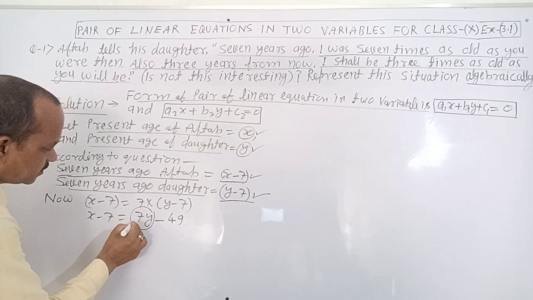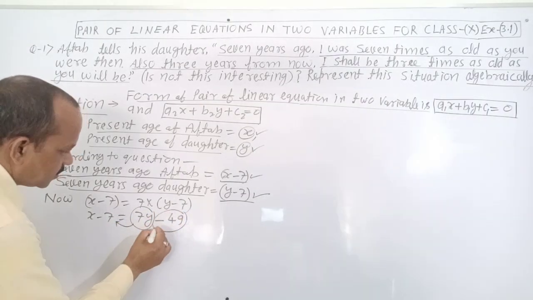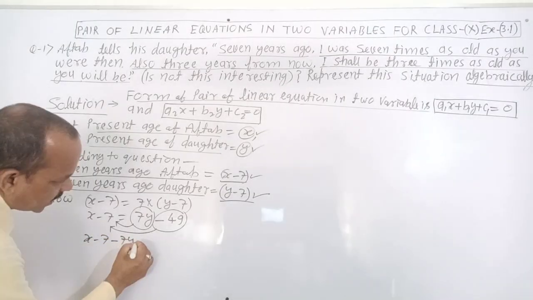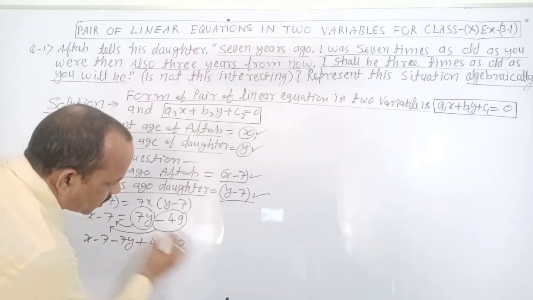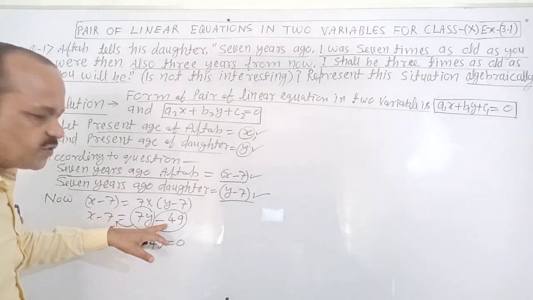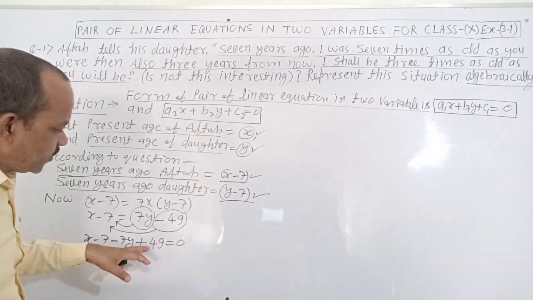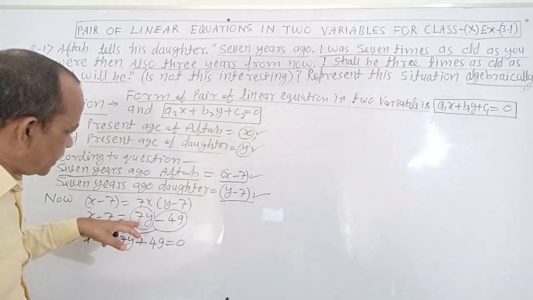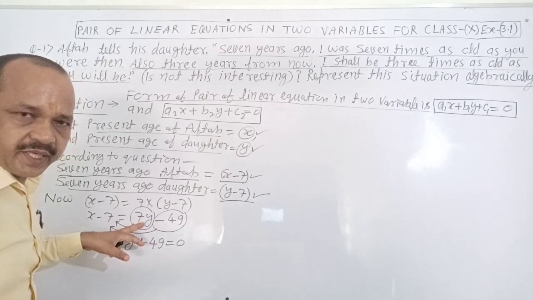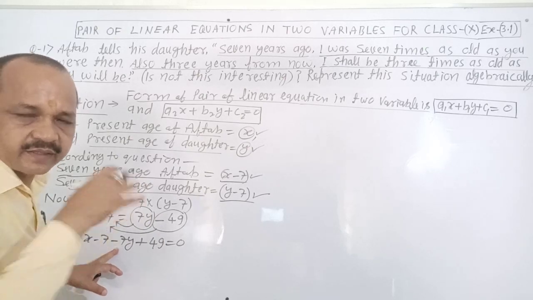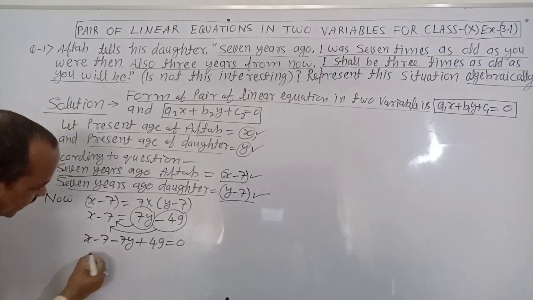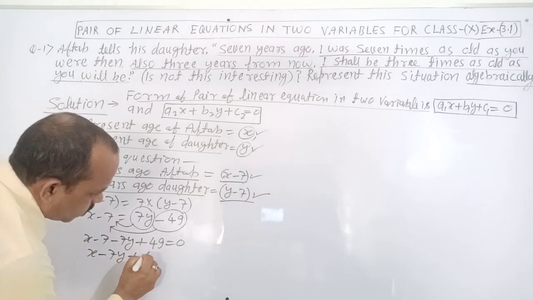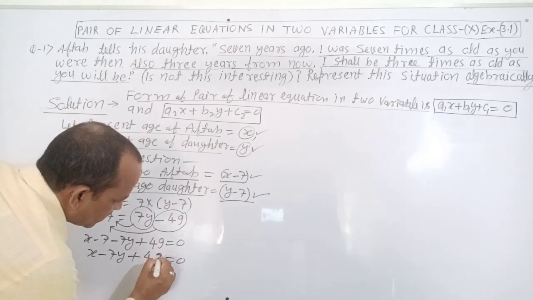It becomes x minus 7 minus 7y plus 49 equal to 0. Minus 49 becomes plus 49 on the left side, and plus 7y becomes minus 7y on the left side. You can write it as x minus 7y plus 42 equal to 0.